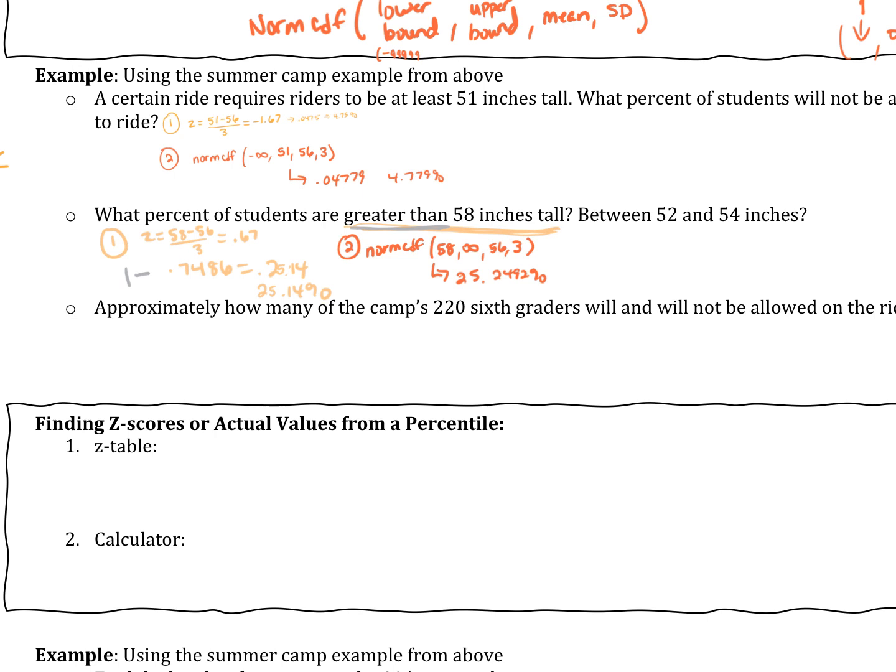I will tell you that using the table is a lot more work. The calculator goes a lot quicker and it's a lot faster. But I do want you to think about what we have to do for each of those. So we're going to talk about that.